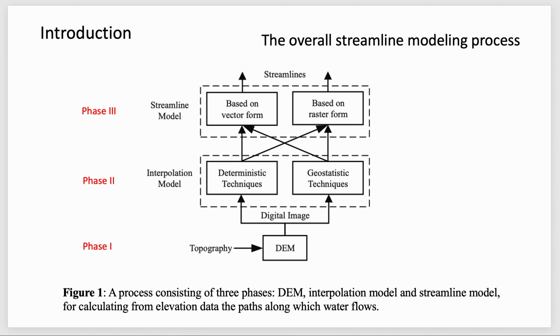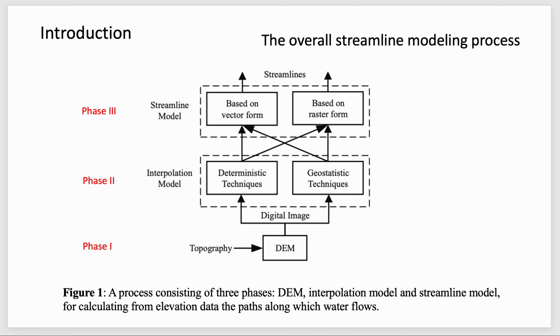In this paper, it shows the overall streamline model process, and it can be divided into 3 phases. The first phase begins with the data that is imported into the system as a digital image. And phase 2 is interpolation models.